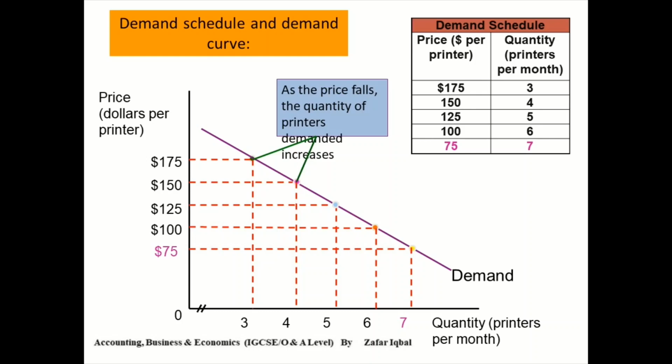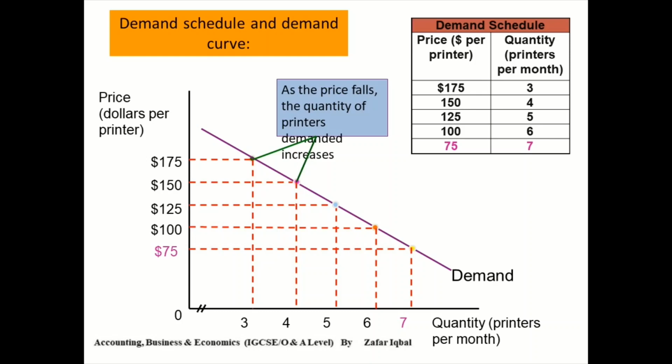So if we keep on decreasing the price of the printer, the demand for printers significantly increases. At $175, we were only able to sell 3 printers per month, but as we have decreased the price to $75, the demand for printers has become 7.